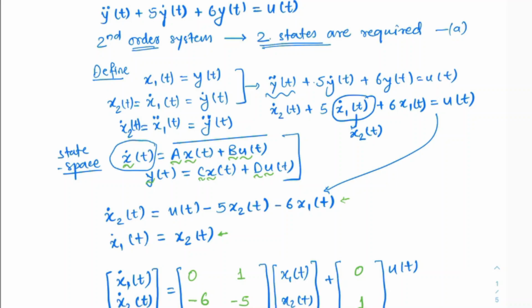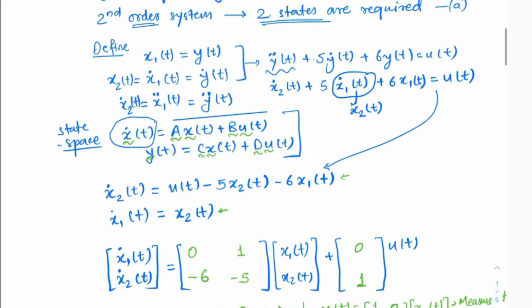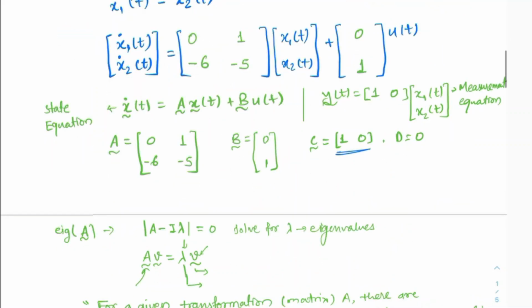What the state space is saying is you are writing x dot equals Ax plus Bu. That means you are saying how the x changes. The state changes and it depends on two things: what my state is at the current point, and what my input was. The contribution of input is determined by B, and your A, which is your state matrix, determines how your state gets transformed at each time instance.